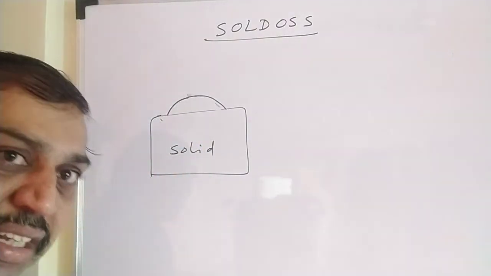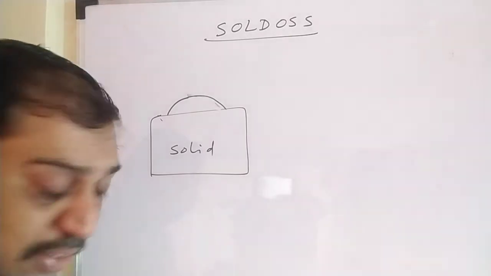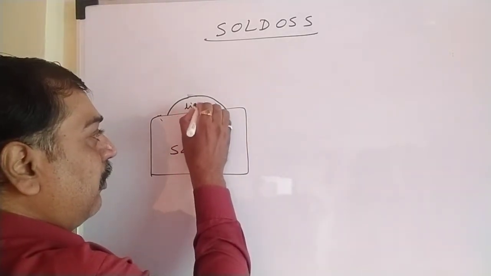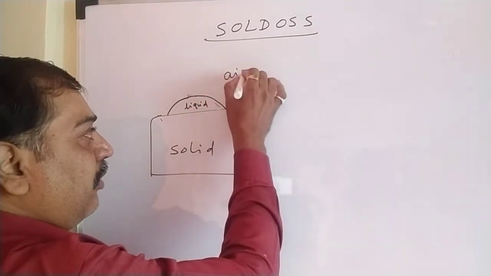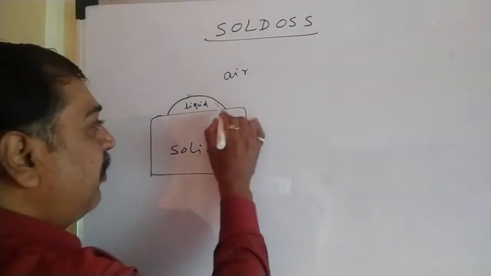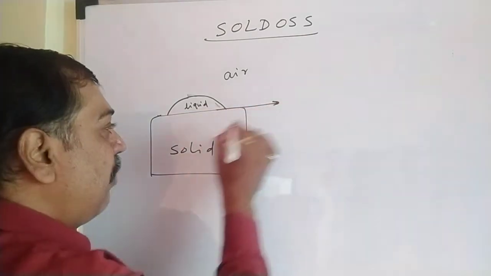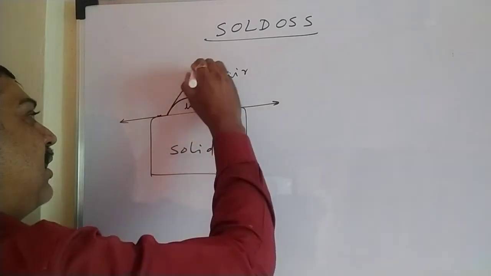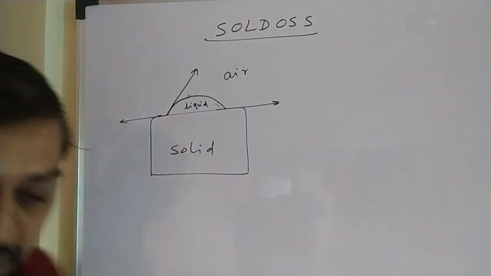Now in this case, they have considered three surface tensions. This is solid, this is liquid, and this is air. So there are forces of surface tension because of these three. I will draw one arrow here, another arrow here, and another tangent here.